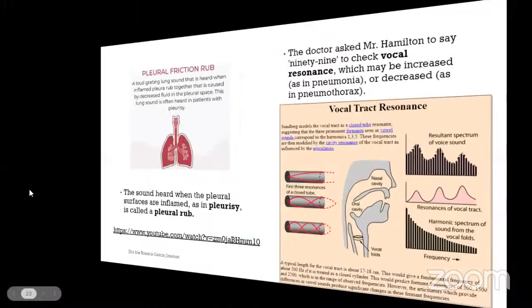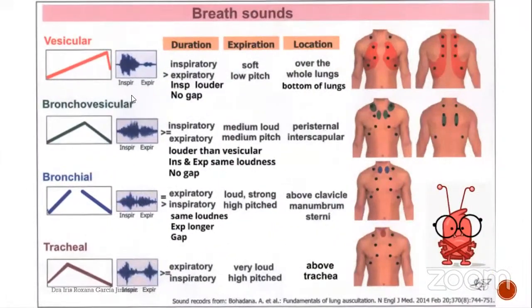About the breath sounds, we have this extra information. This slide is for self-study, to check the correct vocabulary and the correct way to express or explain this: the vesicular, the normal one, bronchovesicular, bronchial, and tracheal. Duration, expiration, and location are just extra information.